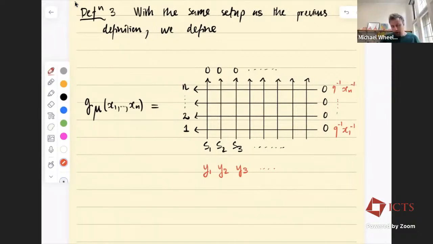It's a bit more tricky to write it down, but it will ultimately make some of our formulas a lot more elegant to do this. All right. So this is the second family of functions.